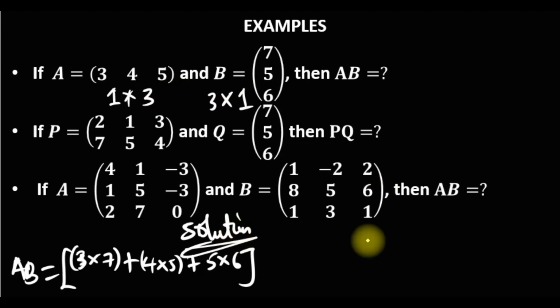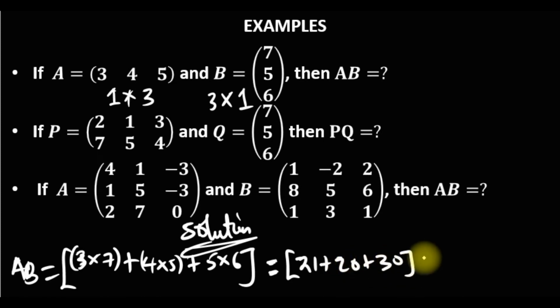So our answer is 3 times this is 21, plus 20, plus 30. So this is 71.